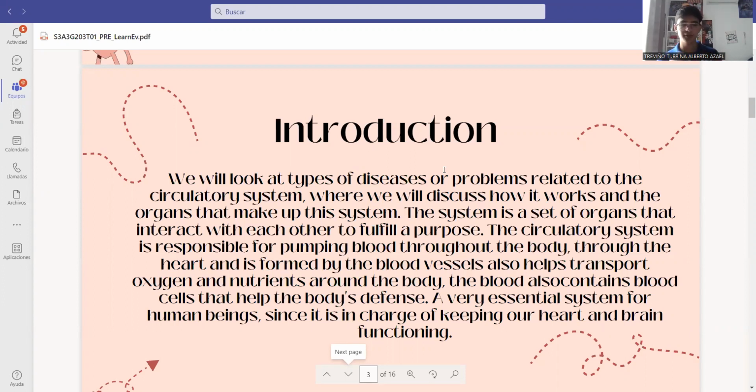It also helps to transport oxygen and nutrients around the body. The blood also contains blood cells that help the body's defense.